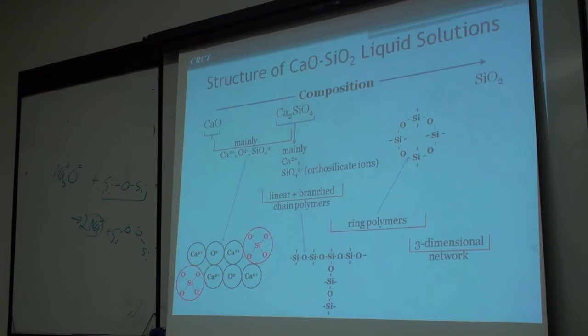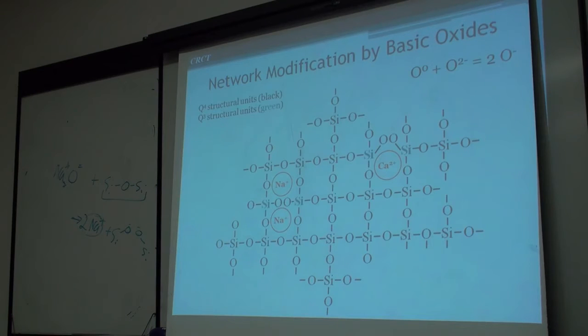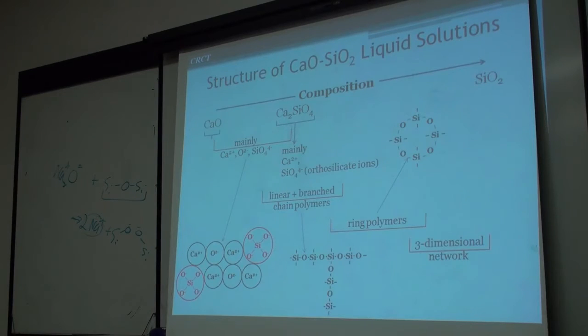I don't show it here, but as you start to move over this way a little bit, adding 3, 4, 5, 6% of calcium oxide, your structure is very much like this. You still have the three-dimensional network, but you're starting to break it up.